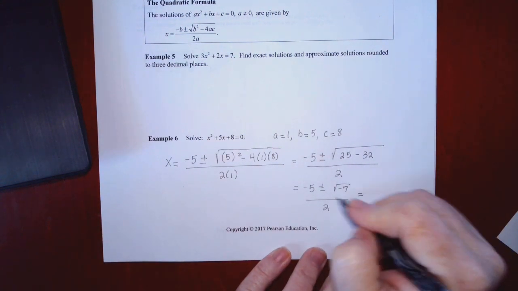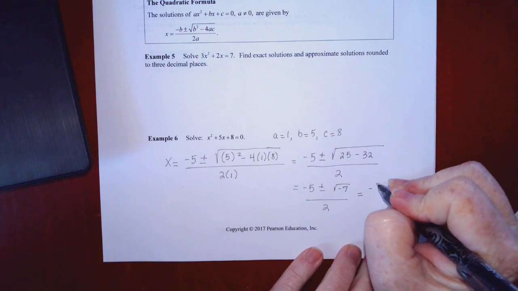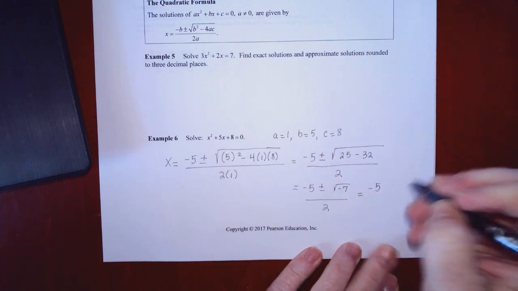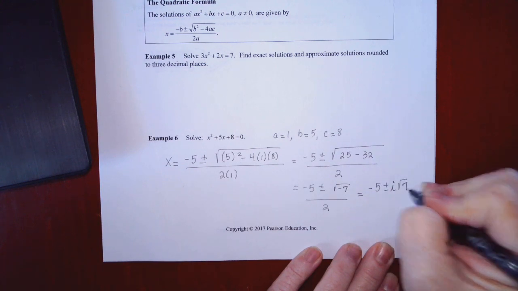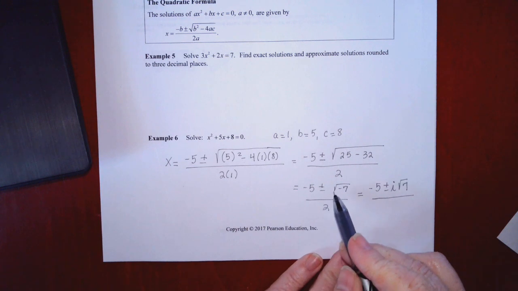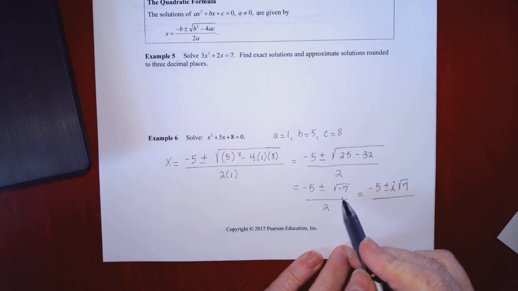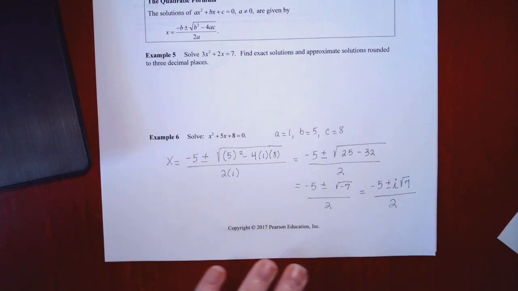Now, this would not be considered simplified. This was that self-study section. Remember, when you're taking the square root of a negative number, we factor the negative out from underneath the radical, and it comes out as the imaginary unit i. So that would be negative 5 plus or minus i square root of 7, all over 2.